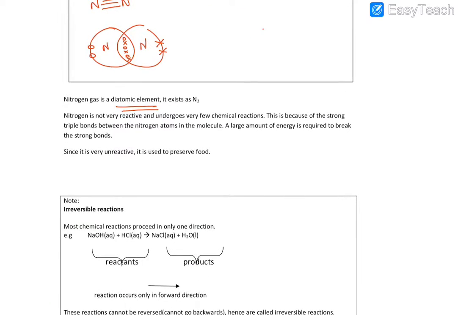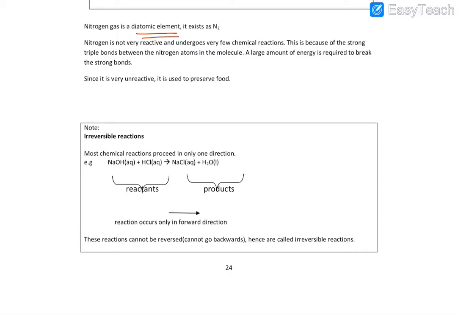Now, for the making of ammonia, we're going to see a special kind of reaction, which is called reversible reactions. So there are 2 types of reaction: irreversible reactions that we've seen before. In an irreversible reaction, you're going to see arrows like this.